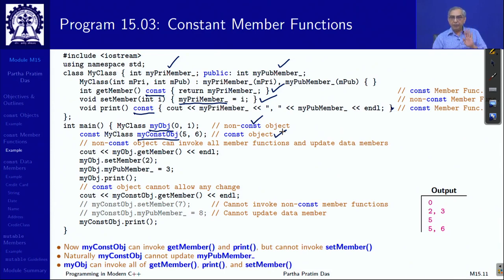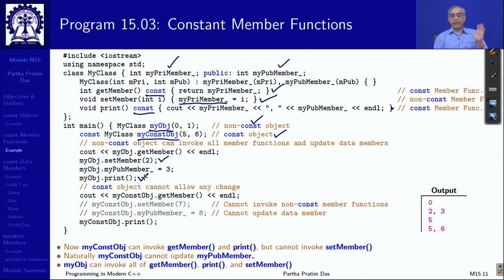If the object is non-constant, I should be able to invoke anything, it does not matter. So, I can invoke the non-constant member function. I can also invoke the constant member function, because the constant member function says that I am assuming that the object cannot be changed. So, if I give it an object which is okay to be changed and that function does not change anything, I am not violating anything.